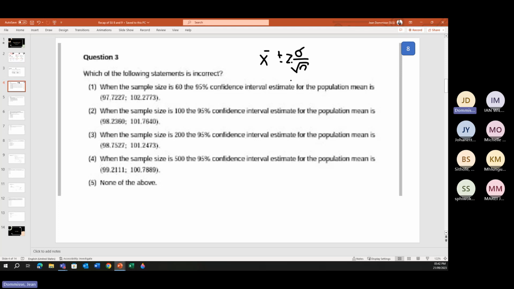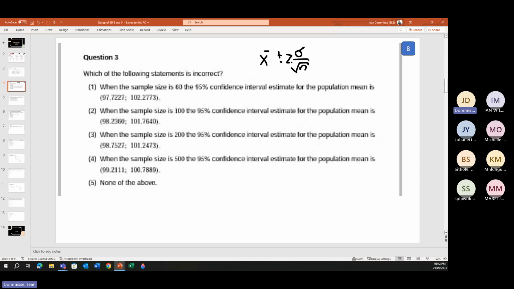Okay, so we normally will work with a confidence interval where we say x̄ plus minus z standard deviation divided by square root of n.